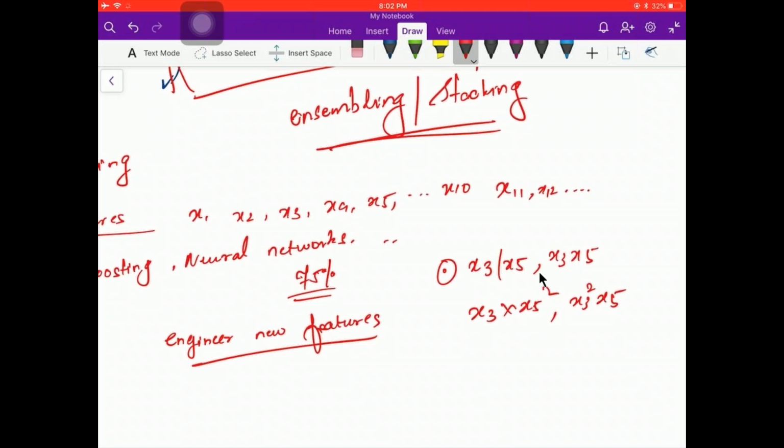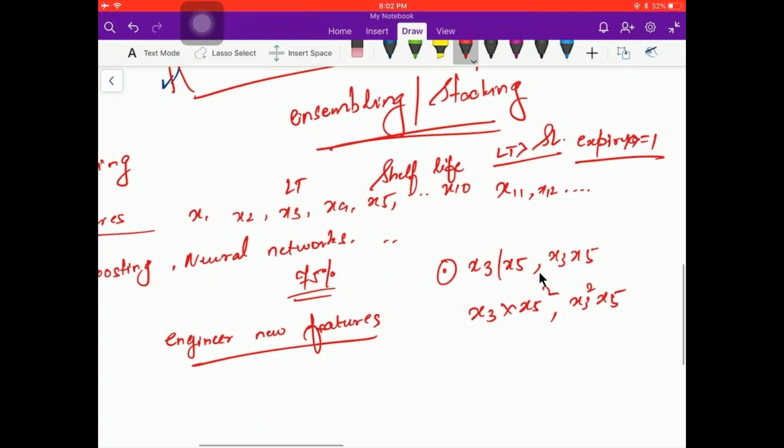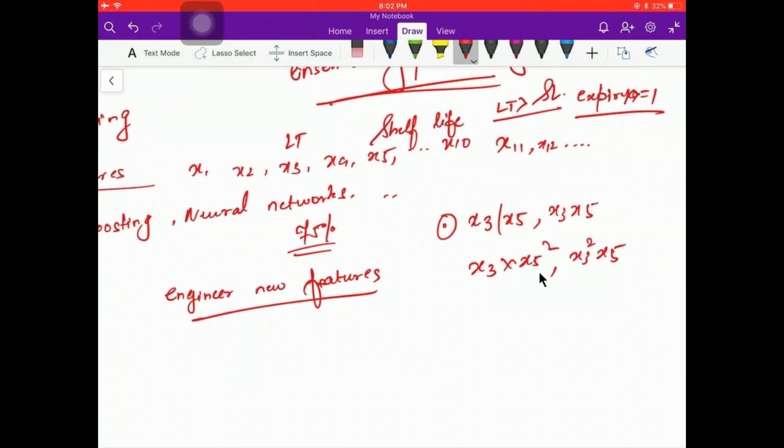For example, last class when we were discussing lead time and shelf life, if your lead time is greater than shelf life, then your expiry probability will always be equal to 1. That's what I know from the business. So this feature engineering can be done by business knowledge.